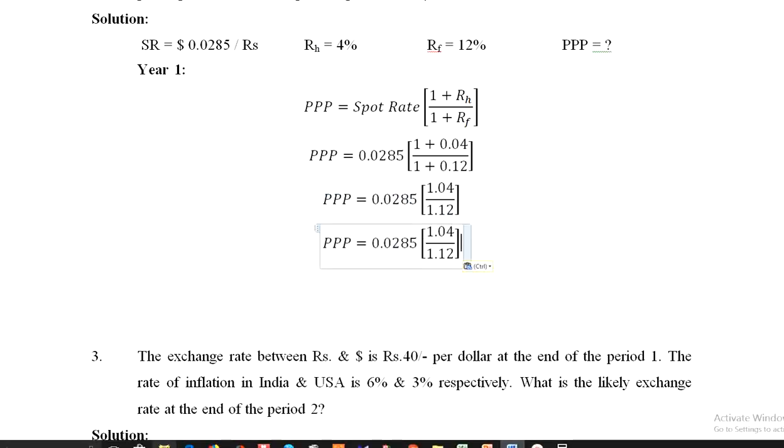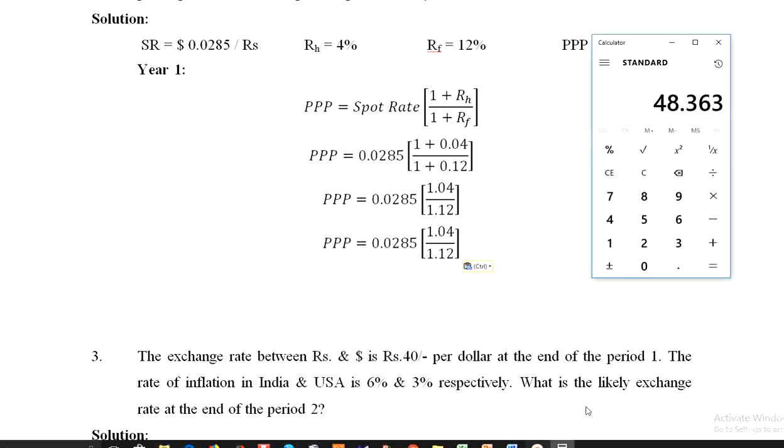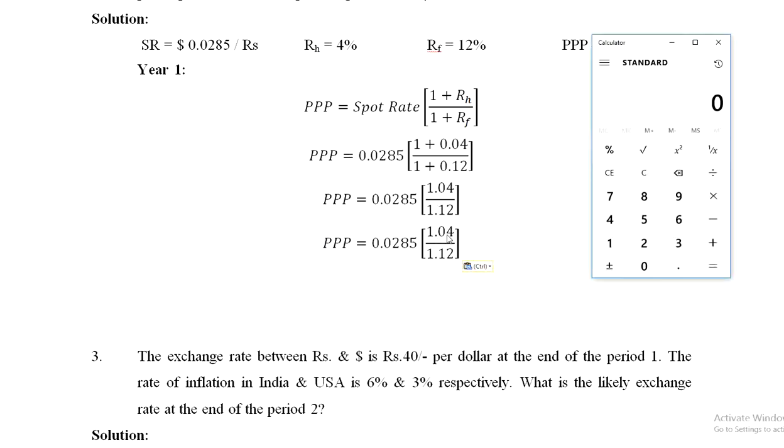By taking the calculator, 1.04 divided by 1.12 equals 0.928.